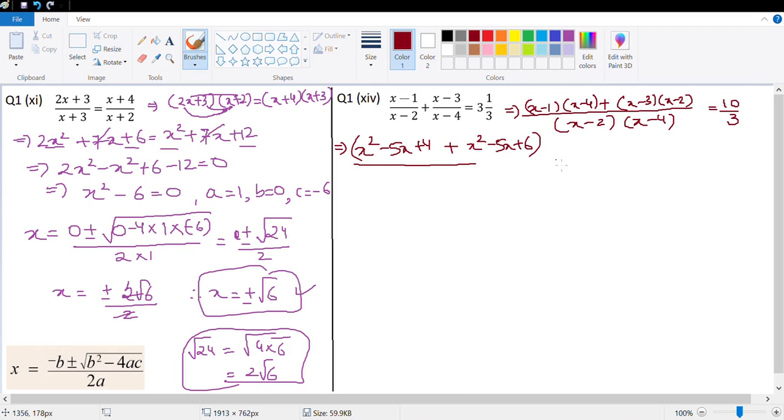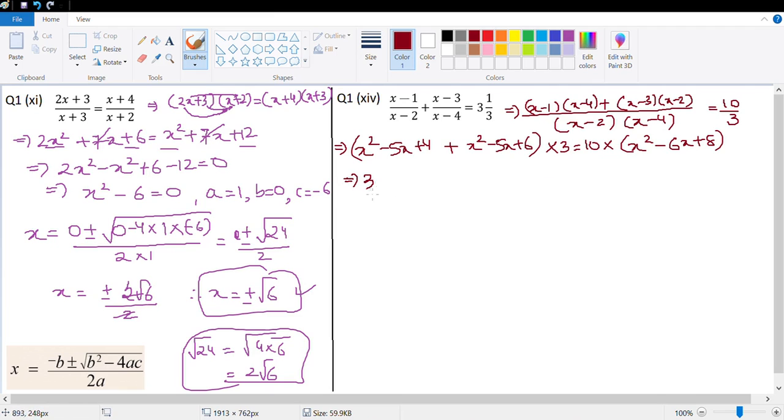In the denominator also, let's cross multiply right now only. So this is getting multiplied with 3, and 10 is getting multiplied with the denominator, which is x square minus 6x plus 8. Let's open the bracket.